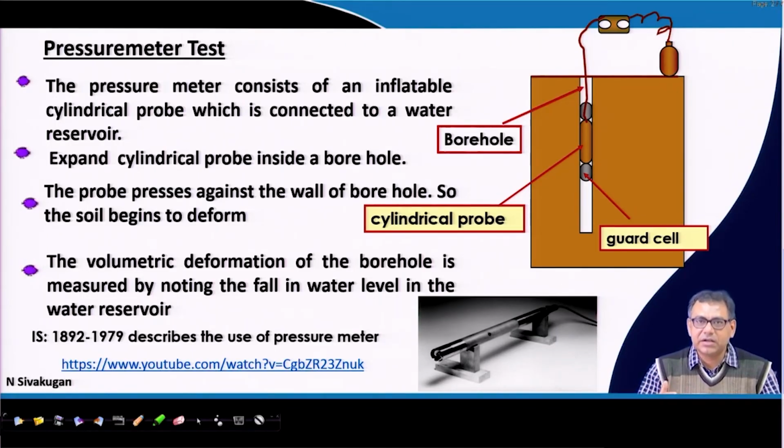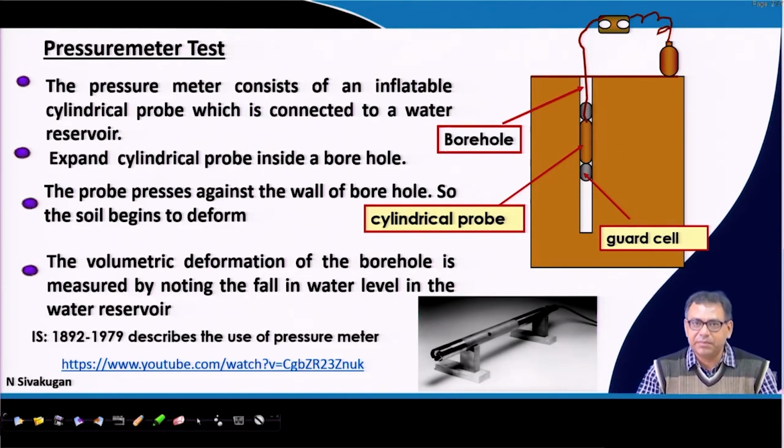That means we measure the volume expansion. We place this cylindrical probe inside a borehole, and when you apply the pressure, the soil begins to deform and the probe volume increases.